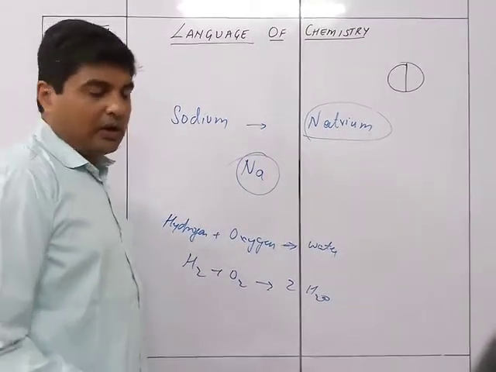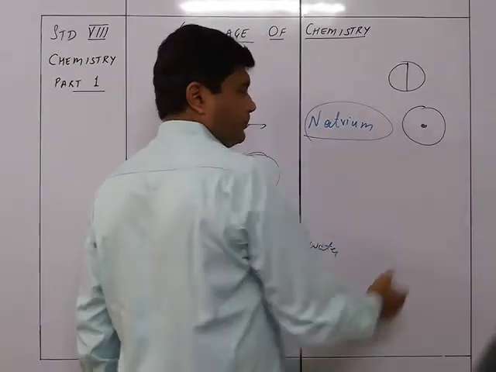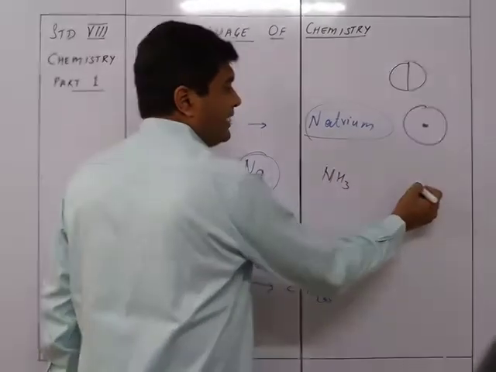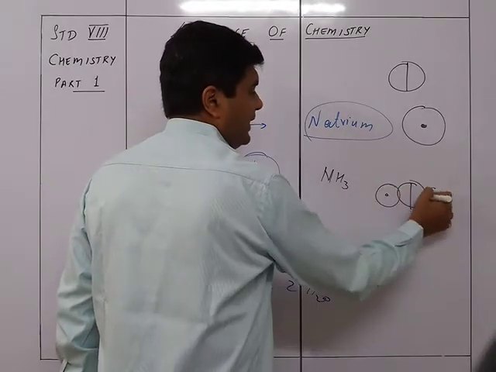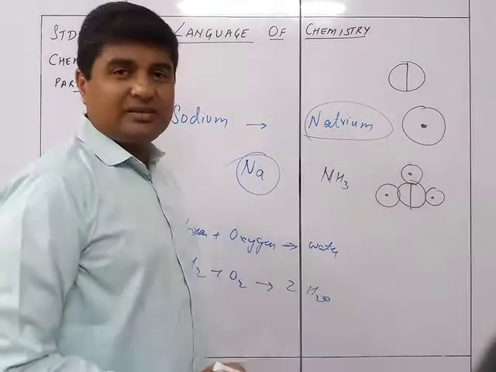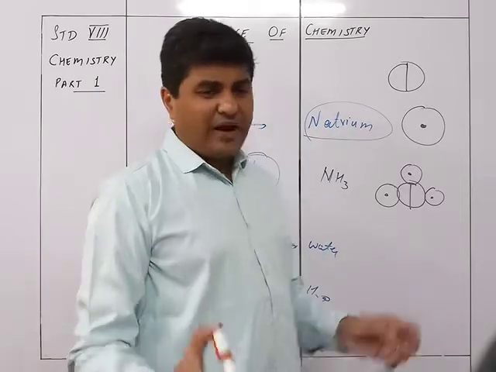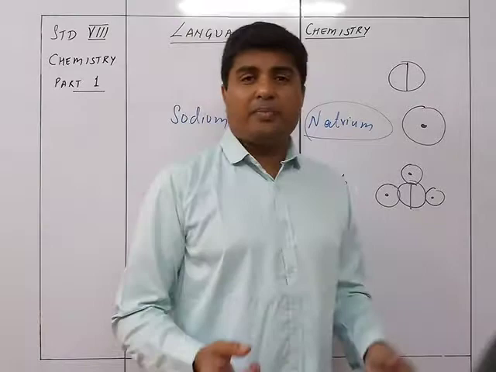For hydrogen, we can have a circle with a dot inside. So if I want to write NH3, I'll be writing here N and then H, H and H. So this is nothing but NH3, that is ammonia. This was perfectly fine for everybody at that time because there were only 16 such symbols to be remembered.